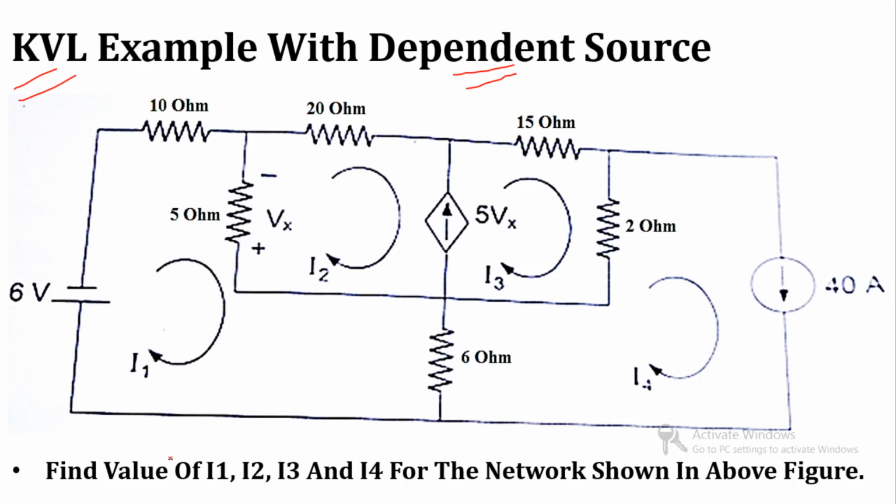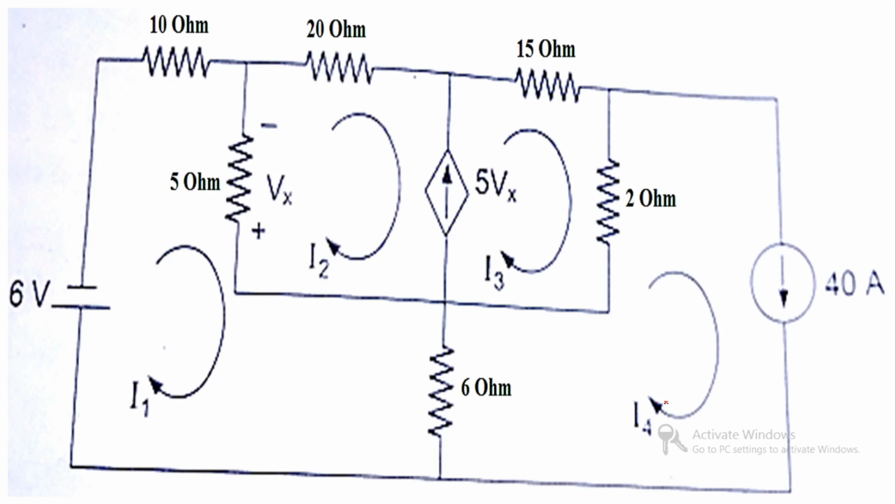So in this example we have to find the value of all the loop currents, that means I1, I2, I3 and I4. The first step in any network analysis example is to ask: is there any possibility to find the solution without any calculation?